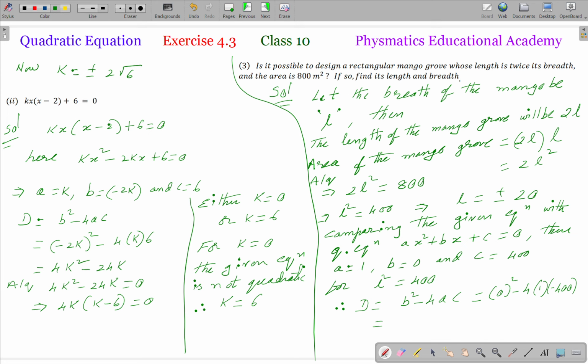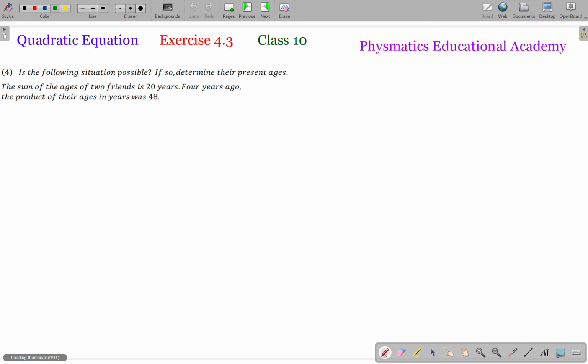Simplifying, we get 1600, which is greater than 0.